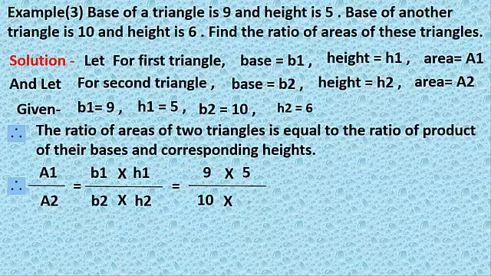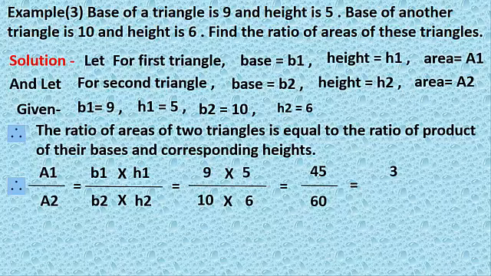In numerator, 9 5s are 45 divided by, in denominator, 10 6s are 60, is equal to, divide numerator and denominator by 15. 15 3s are 45 divided by 15 4s are 60.